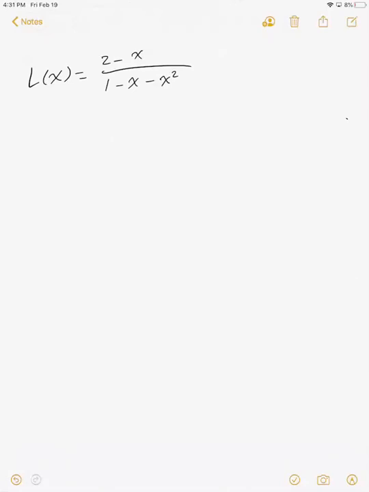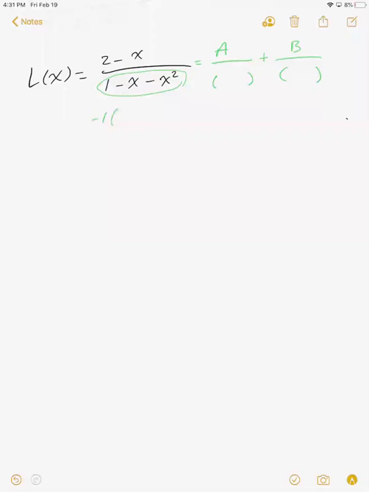So to do the partial fraction, I'm not going to show you all the little details. I just want to show you how you can factor this one. To write this as a partial fraction, obviously you write this as a over a factor plus b over another factor. But to find the factors, you have to factor this one.